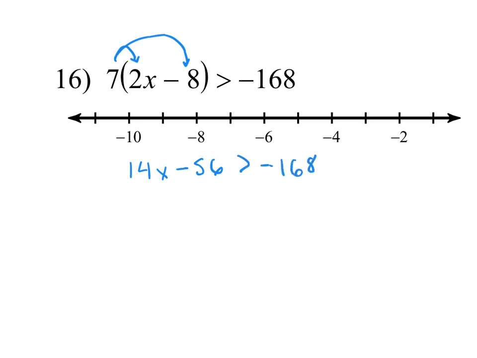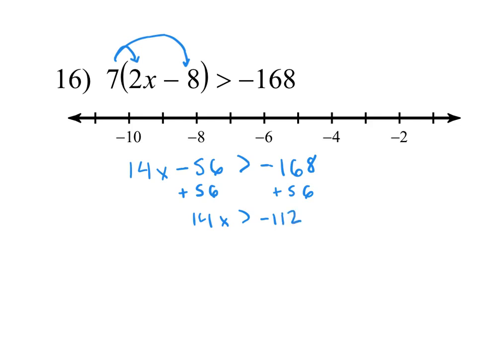What should we do next? Add 56. So 14x is greater than, what is negative 168 plus 56? Negative 112. Awesome.